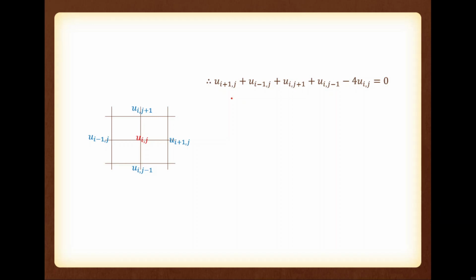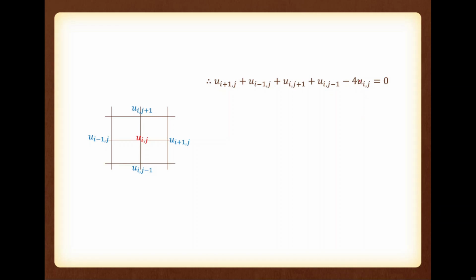So please note down this equation and also draw this diagram. So this is u(i plus 1, j) plus u(i minus 1, j) plus u(i, j plus 1) plus u(i, j minus 1) minus 4 u(i, j).